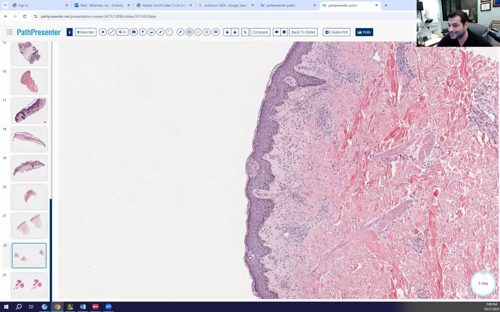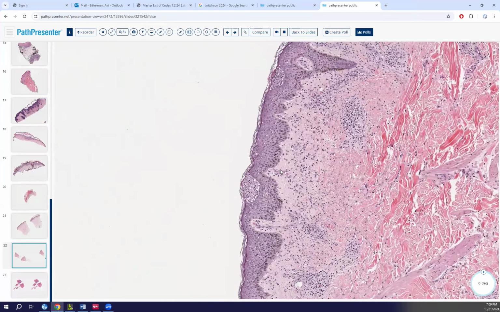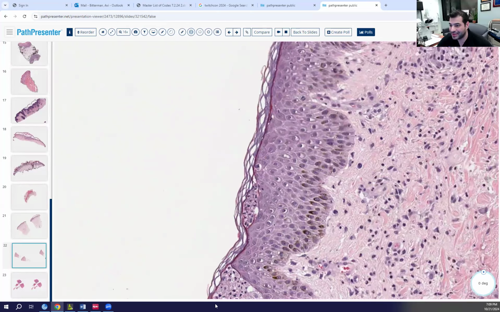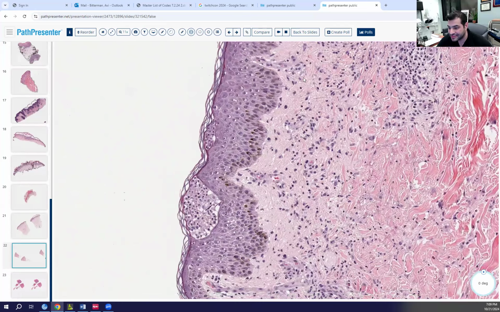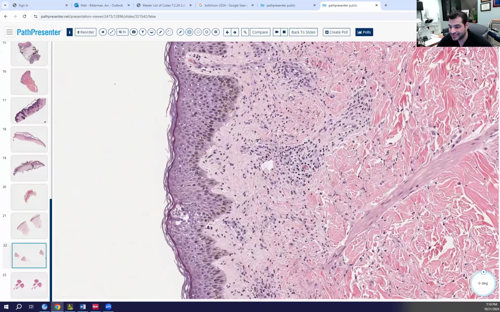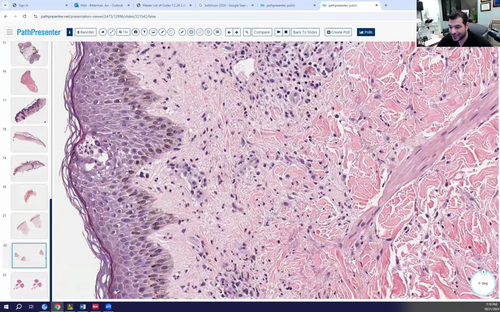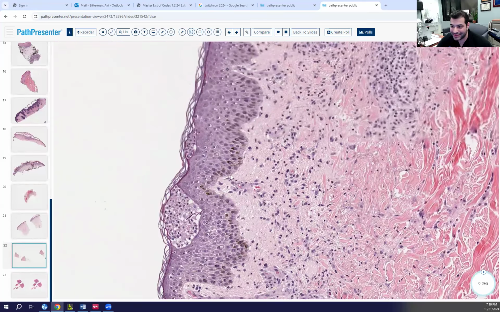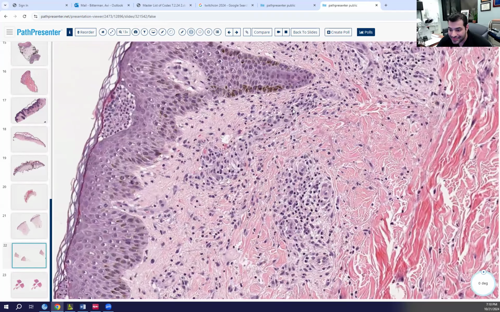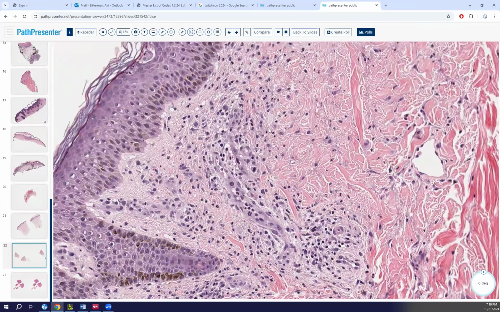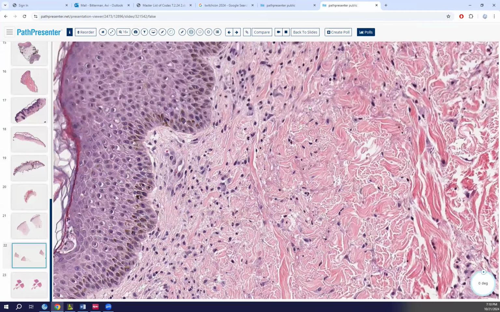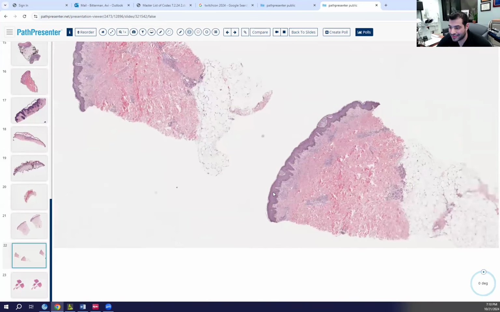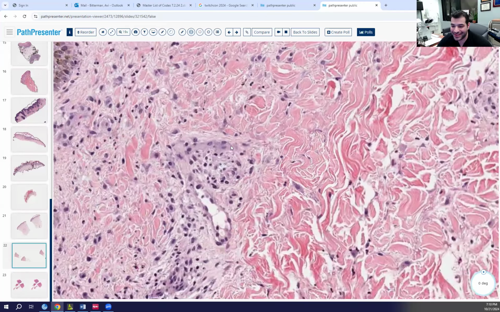And this? That's a tiny little subcorneal pustule. Good. What are we looking for when we see subcorneal pustules like this? What's a good cell to find?